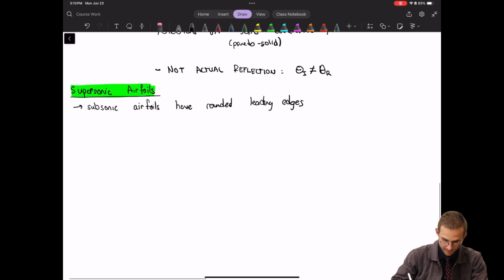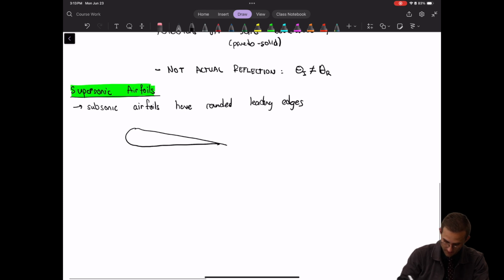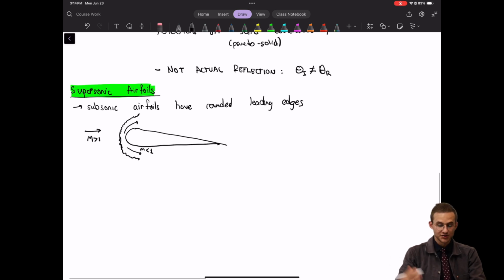But if we have one of these blunt leading edge airfoils in a supersonic flow, with M greater than 1 here, what we've learned is that you're going to end up with a detached shock that's sort of a normal shock directly upstream of the object, and you're going to have subsonic flow on the other side of the shock, and that shock will bring you a lot of losses.